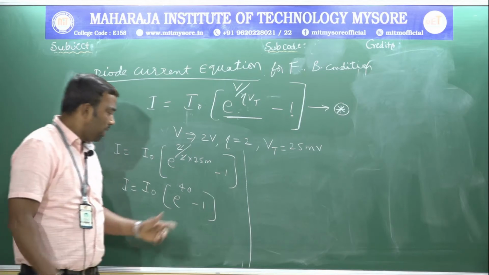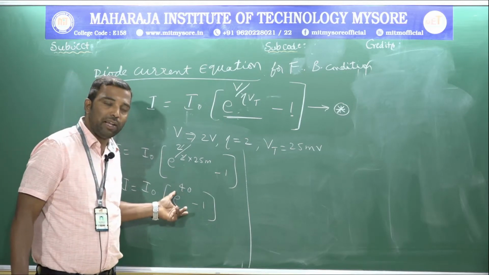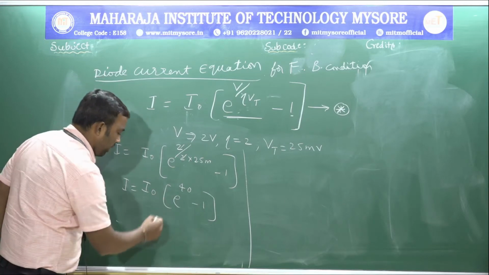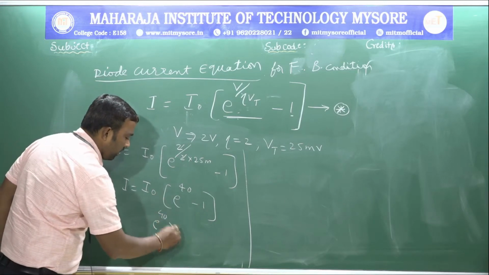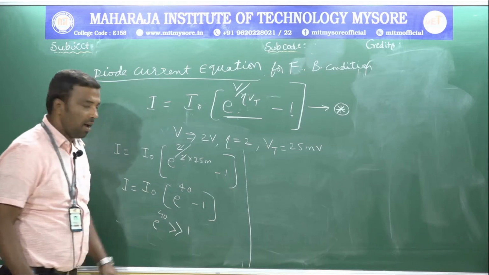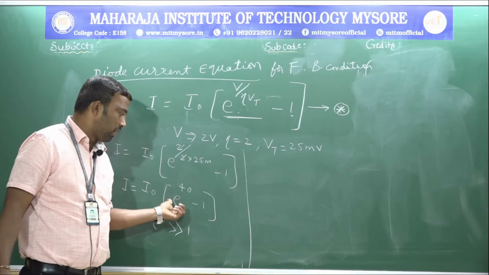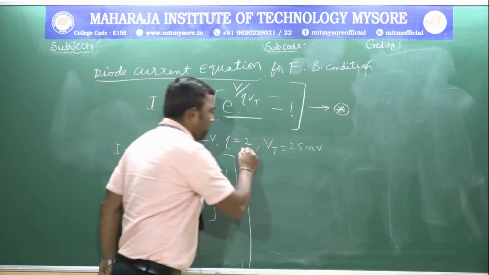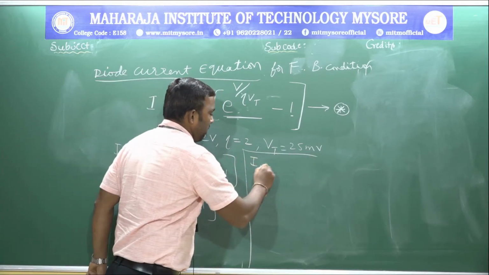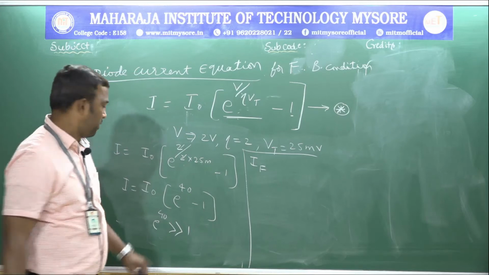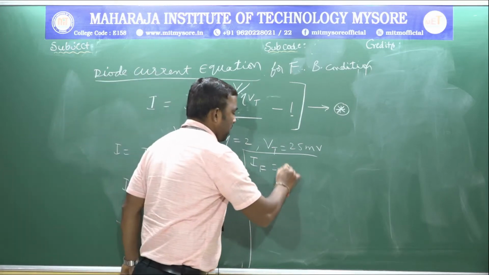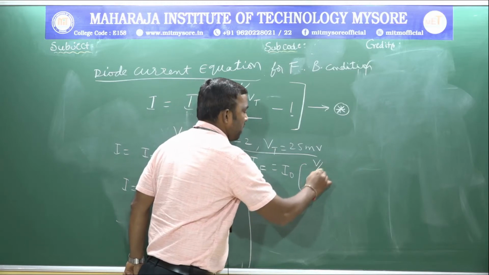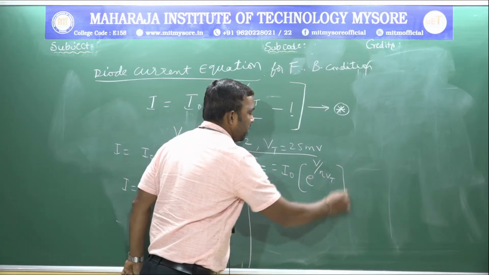Observe here, e power 40 is a large value compared to 1. We can approximate that e power 40 is very much larger than 1, so we can retain the first term and neglect the second term. Therefore, for the forward bias condition, the current IF is given by I naught into e power V by eta Vt.